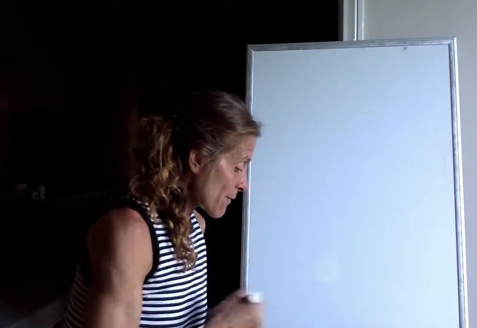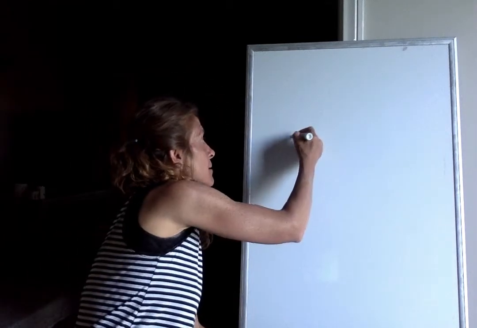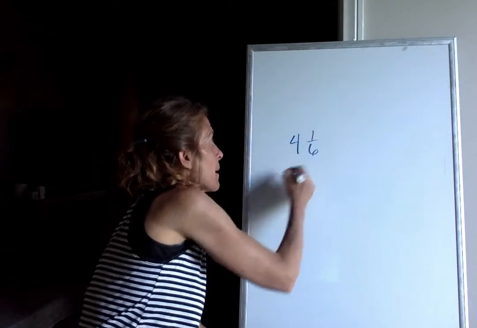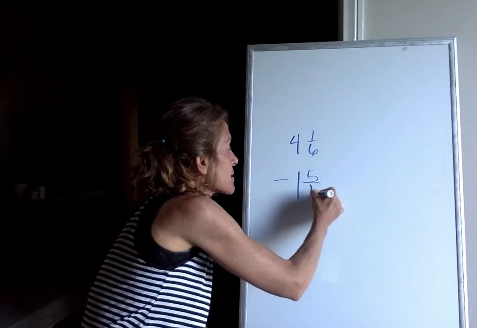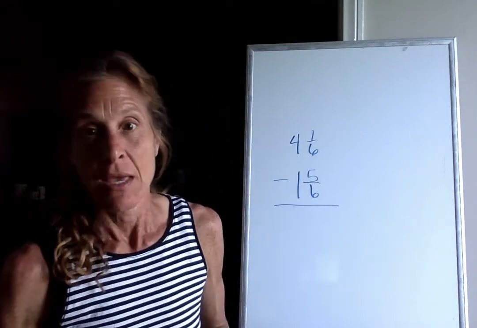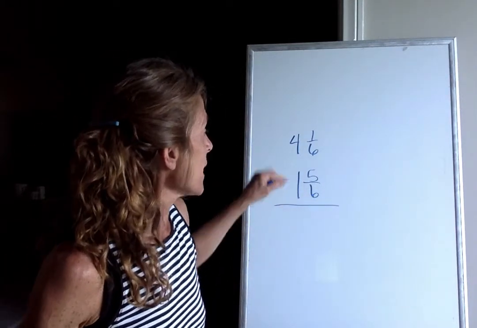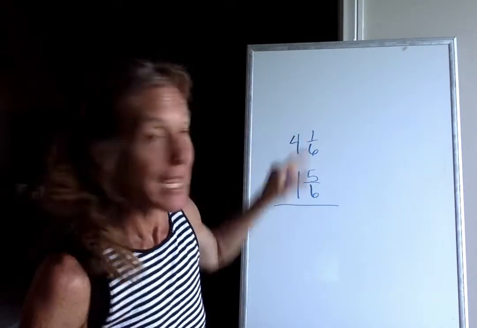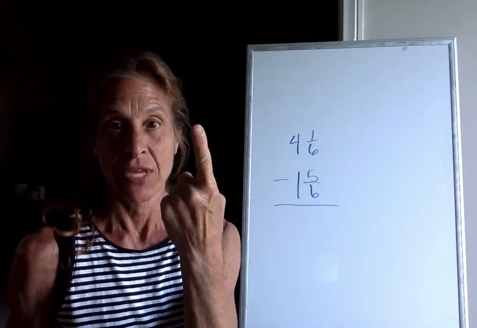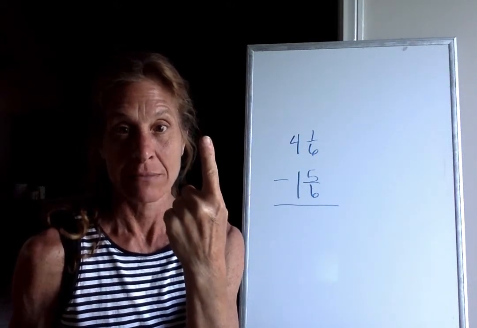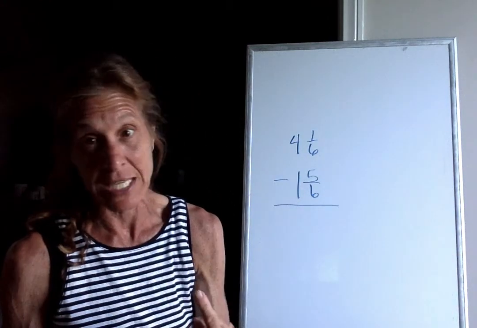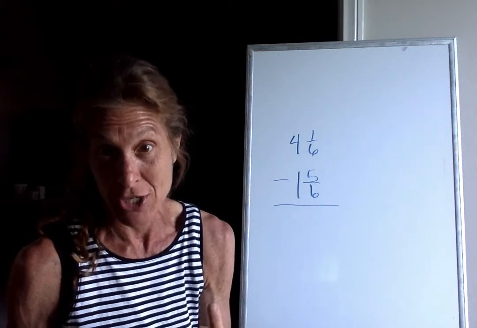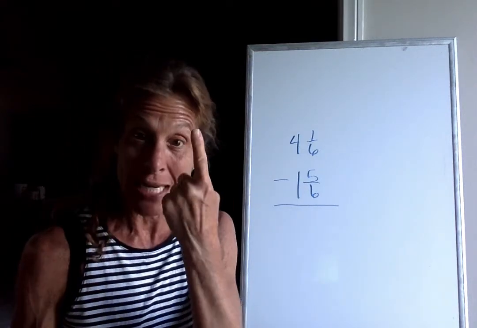So they have 4 1/6 minus 1 5/6. Okay, so we can't take, if I have 1, can I take 5 away? Absolutely not. Can't do that in regular subtraction, and we definitely can't do it in fraction subtraction. So we need to borrow.